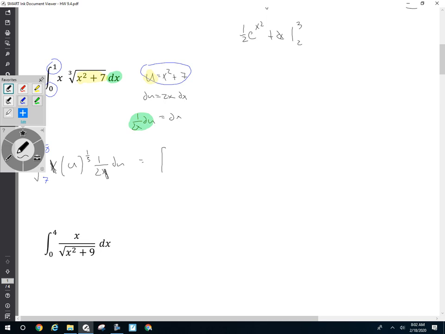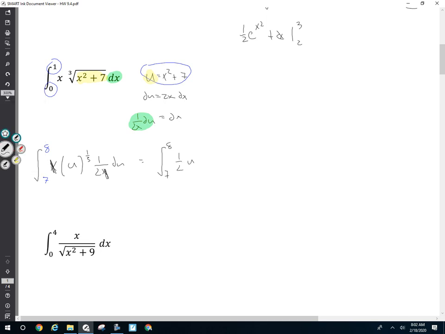I'll rewrite. I'll take the antiderivative, add 1, it's u to the 4/3, multiplied by the reciprocal, that's 3/4, so that's going to be 3/8, plus a c.